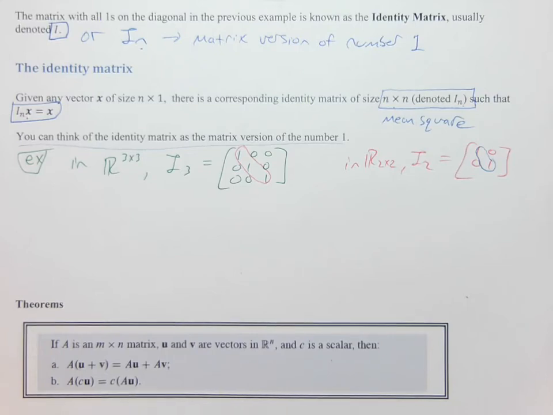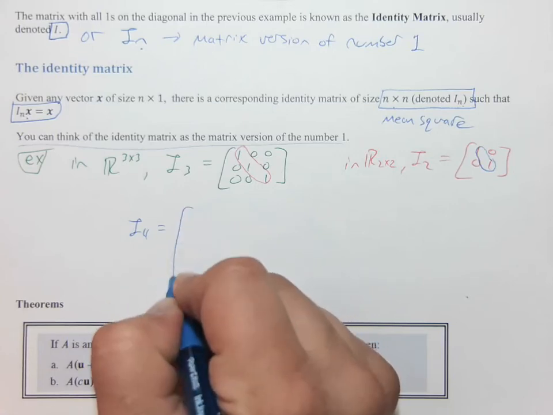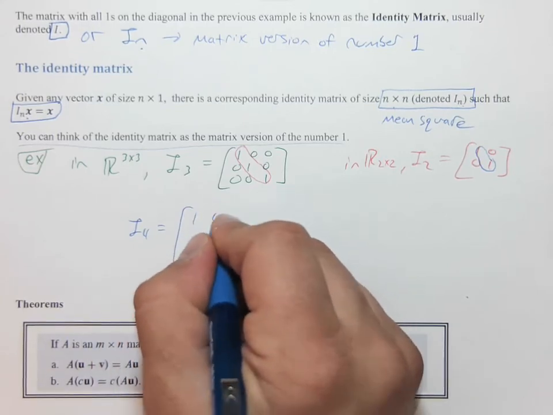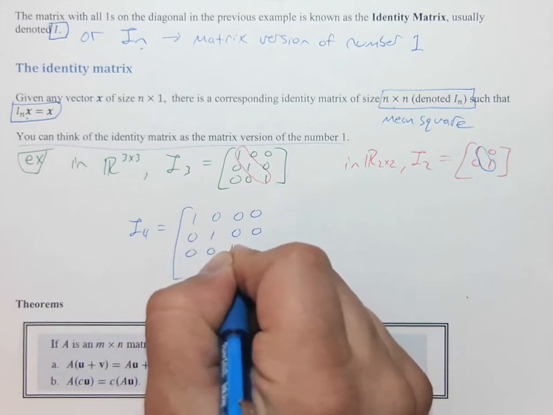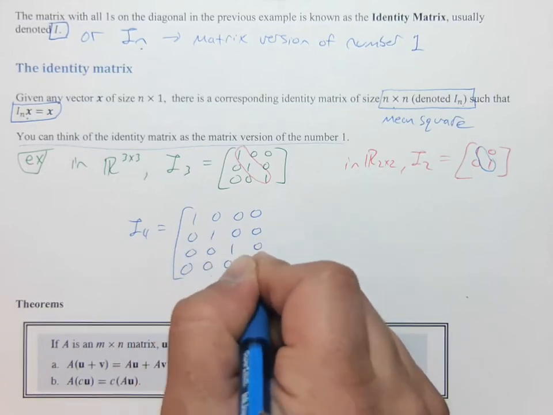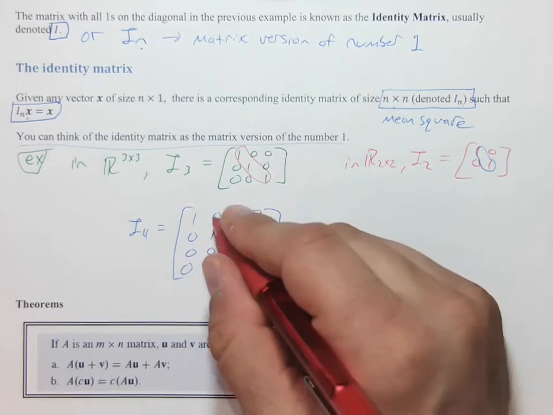And we can have any size one of these. Let me do one that's a little bit bigger, but not get too crazy: I4 would be the 4x4. Again, it's got ones on the diagonal.